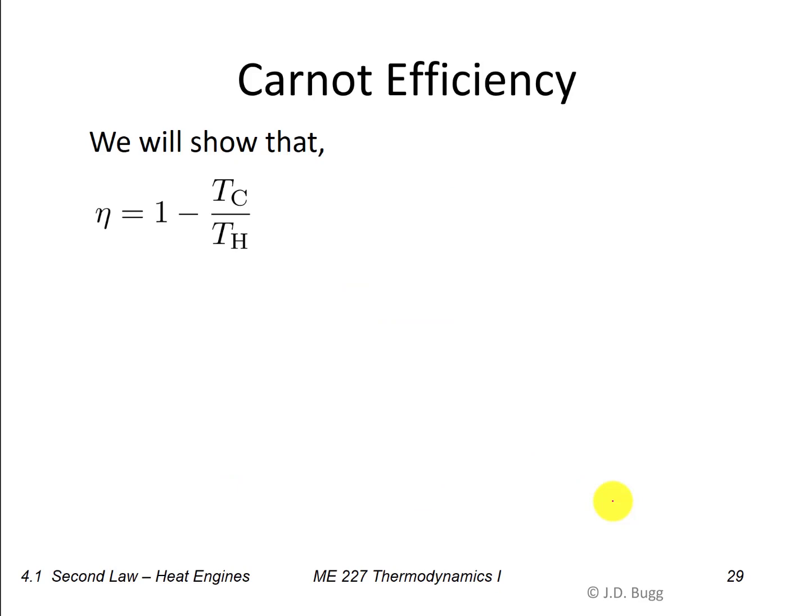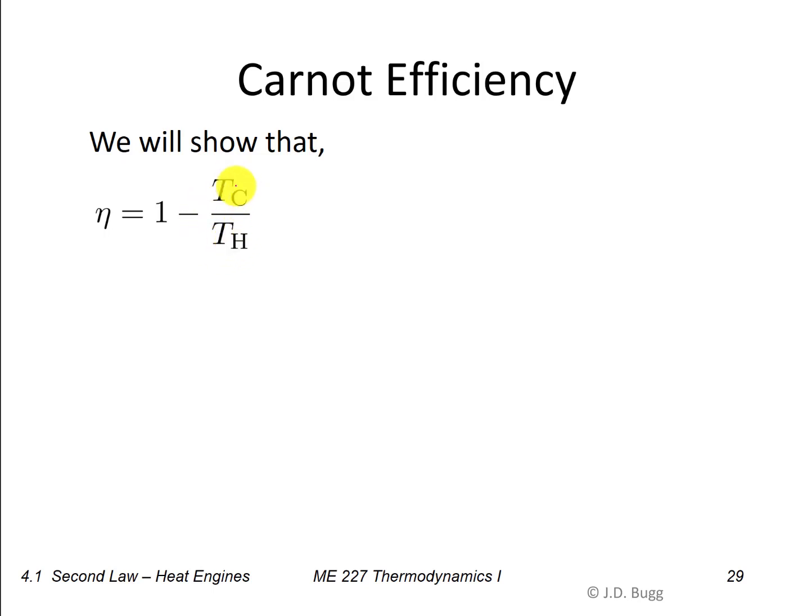So the Carnot efficiency is the thermal efficiency of a Carnot cycle. We have a general definition of thermal efficiency, but it turns out we can show that for a Carnot cycle, that efficiency is equal to 1 minus Tc over Th.